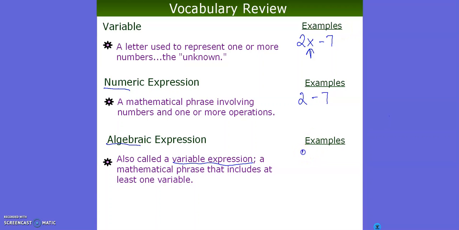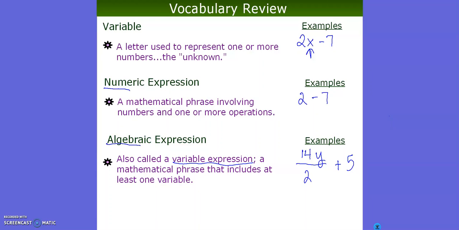Let's say we have 14, and I'm going to use a different variable, y, divided by 2, and then plus 5. This is an algebraic expression where I have a variable and I also have at least one operation. Actually, I have 3: division, addition, and also multiplication in between that 14 and the y.